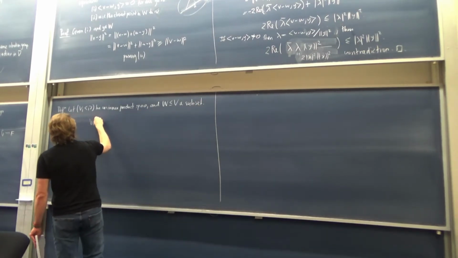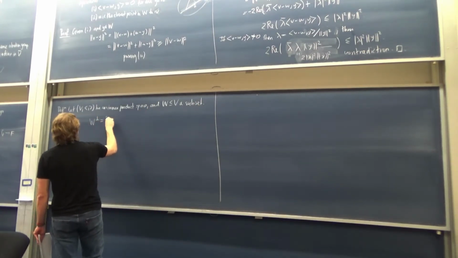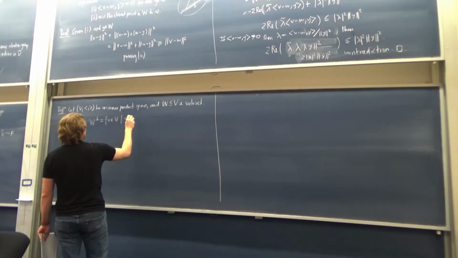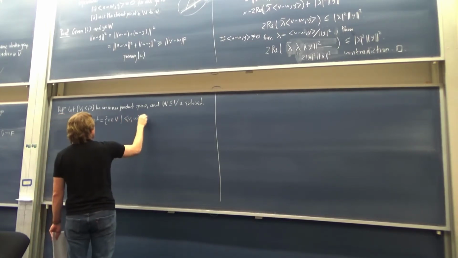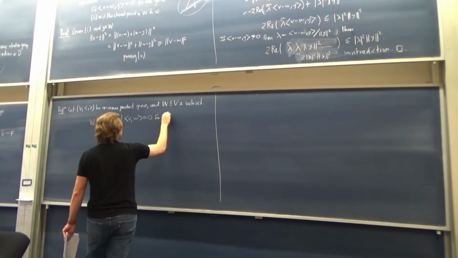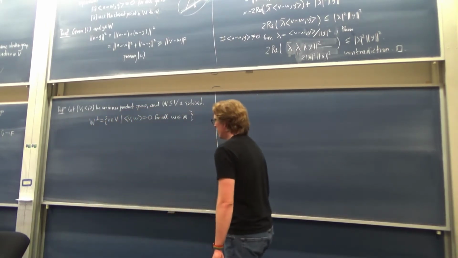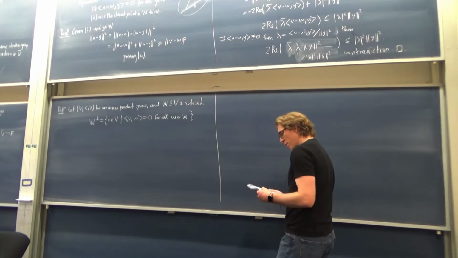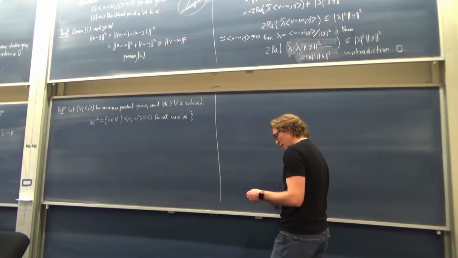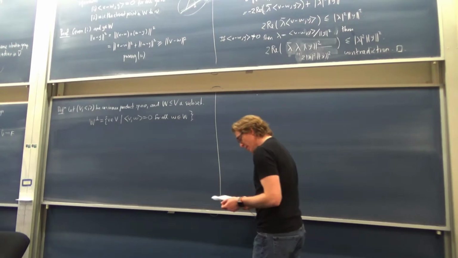Then W perp means all those v's in V such that v pairs with w to give 0 for all w's in W. Okay, so that's called the orthogonal complement of W. Complement for a reason you'll see in a second.